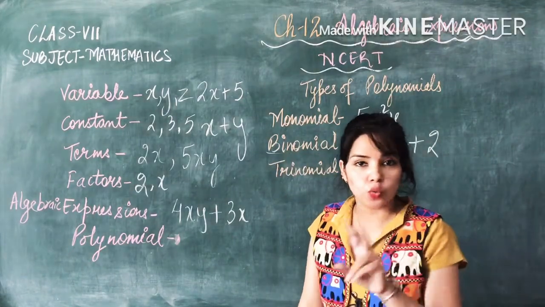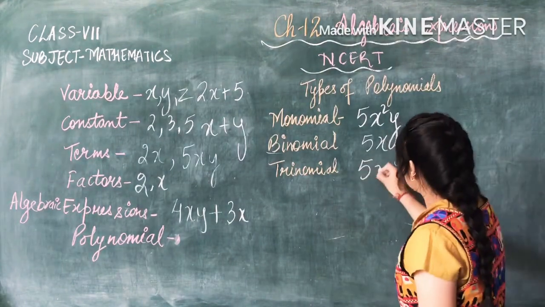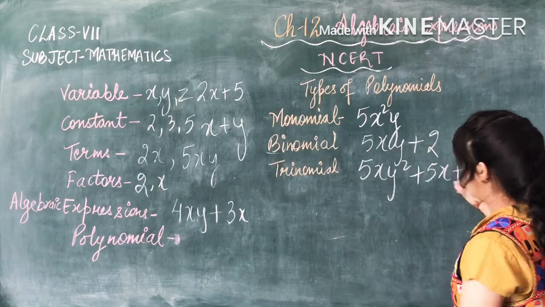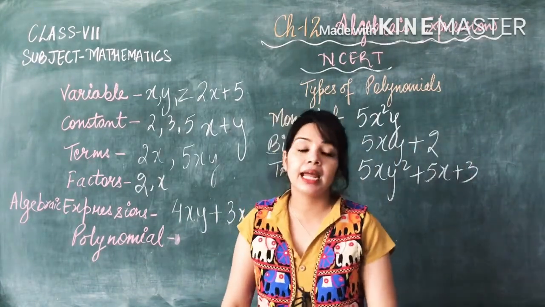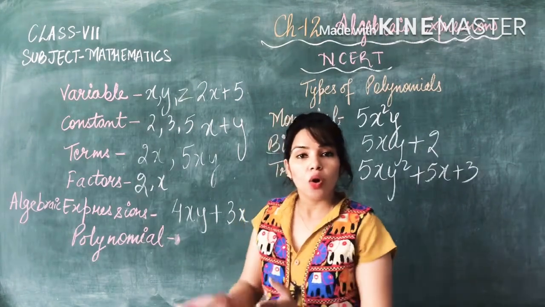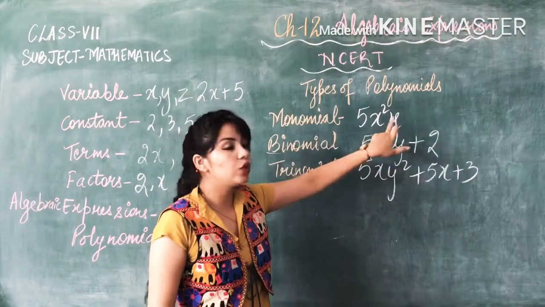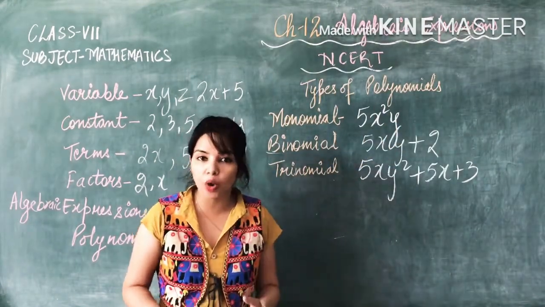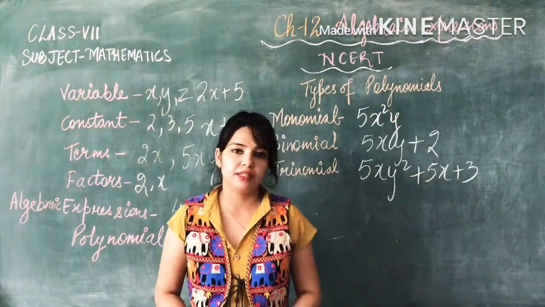Bi means 2. For trinomial, it's easy to decipher that it will have 3 terms. A polynomial can have one term or more than one term, so altogether it is known as a polynomial. But if you have a polynomial having only one term, then it is known as a monomial. If it has two terms, it is called a binomial. If it has 3 terms, it is called a trinomial.